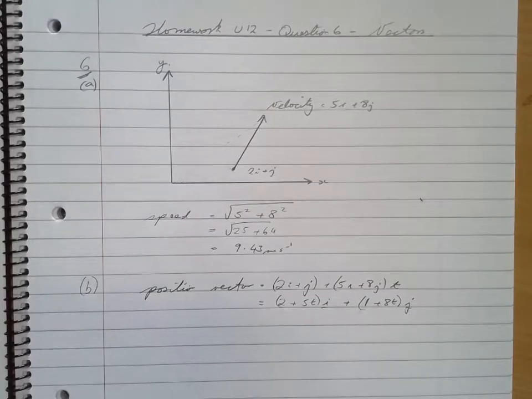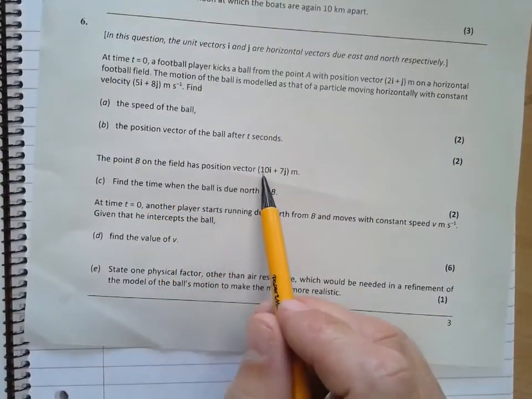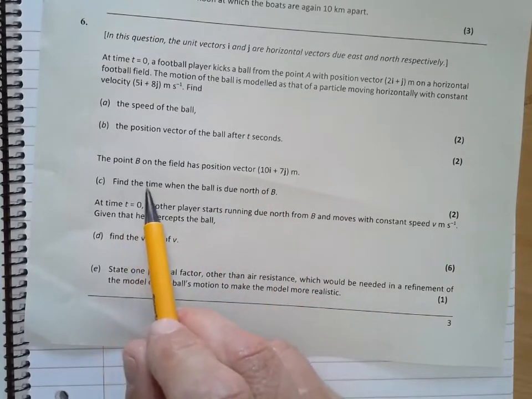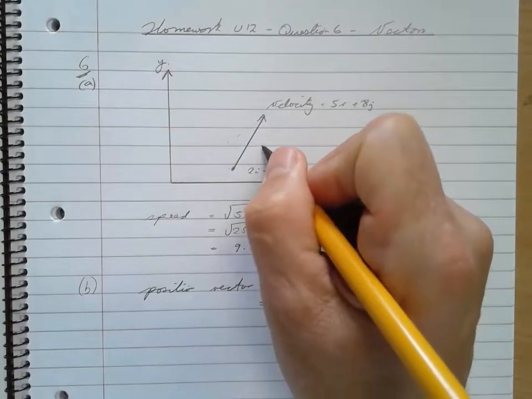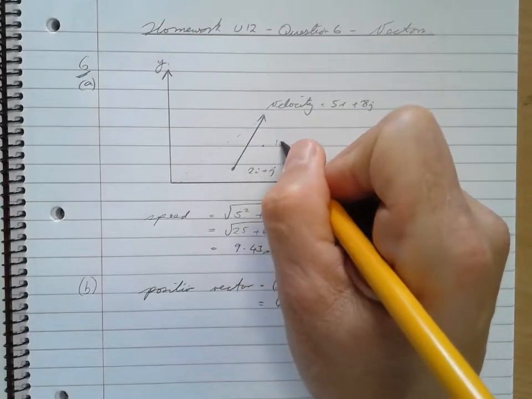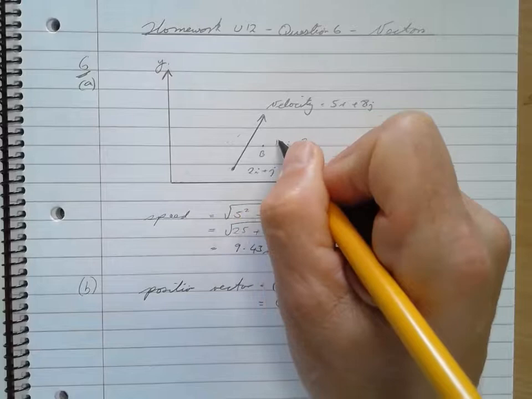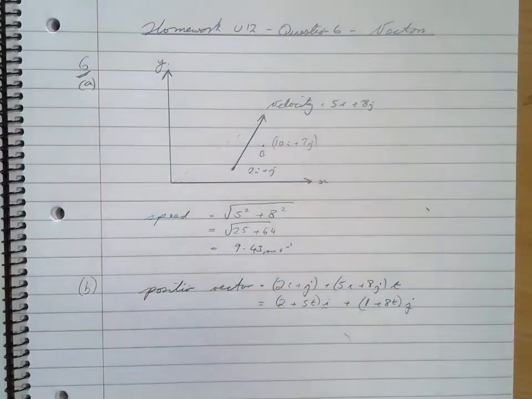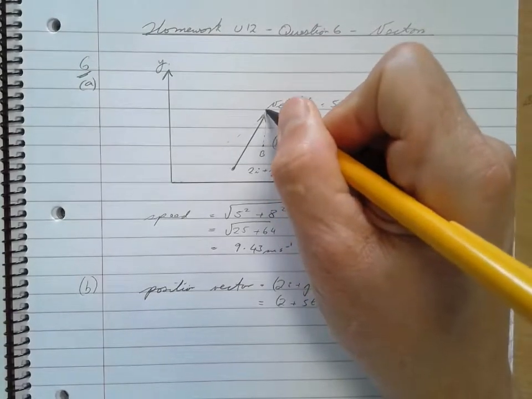Okay, and the next part of the question said the point B on the field has position vector 10i plus 7j. Find the time when the ball is due north of B. So 10i plus 7j, let's say over here somewhere, not to scale, but just conceptually, this is B, and we want the time when the ball is due north of this, so it's when the ball is immediately above this.